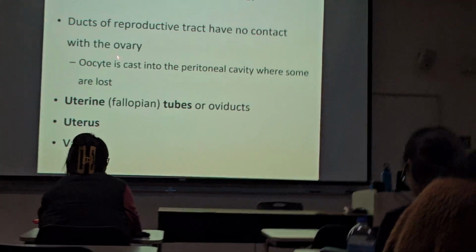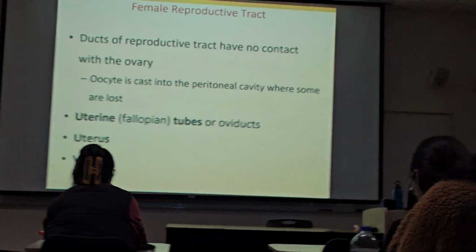What happens is that the oocyte is pushed out of the ovary and enters into the female reproductive tract, through the fallopian tubes into the uterus, where, if fertilized, it will implant. And then the vagina is also part of the female reproductive tract. Those uterine tubes, or the fallopian tubes, are the site of fertilization.